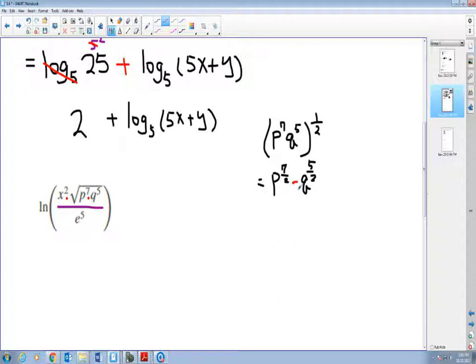So there's a multiplication between the p and q, and a multiplication between the x squared and the square root. That means the top alone has 2 multiplications, so that would be 2 plus signs.